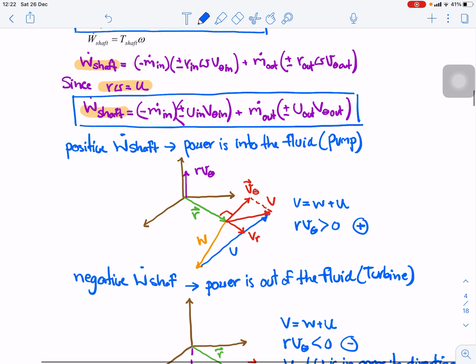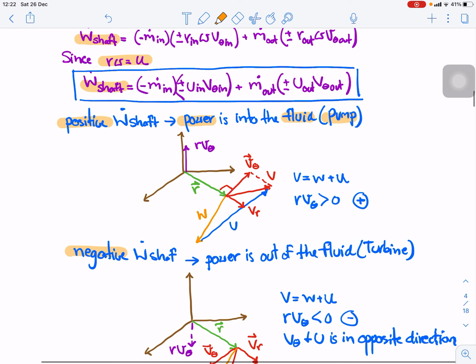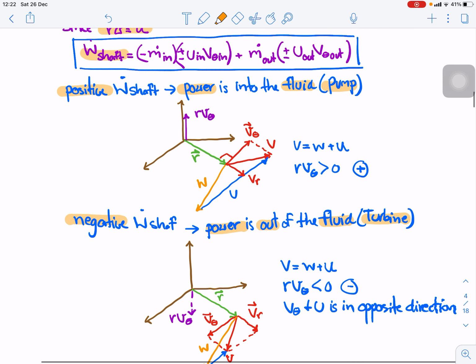We have two conditions, for positive and negative shaft power. Positive shaft power means power goes into the fluid, as in the case of a pump, but negative shaft power is power out of the fluid, so we call it a turbine. This is for the condition where v theta is positive.